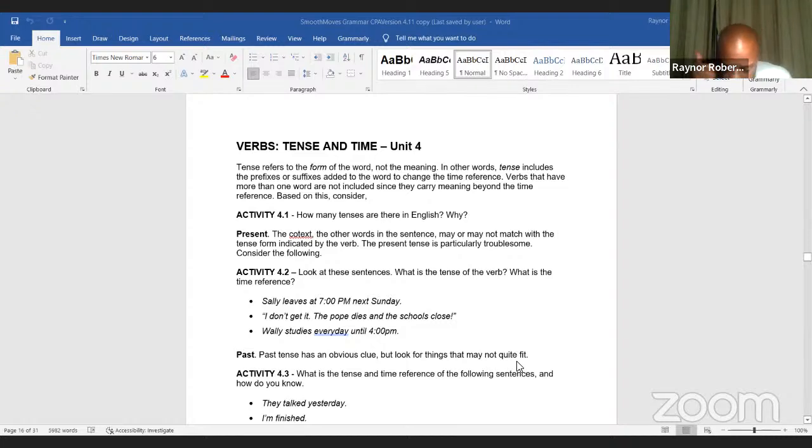So you got the simple present, present continuous, present perfect tense, present perfect continuous, the simple past, past continuous, past perfect tense, past perfect continuous, the future tense, the future perfect tense, and the future perfect continuous.